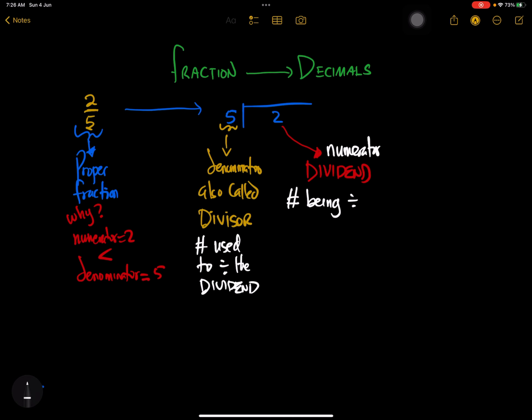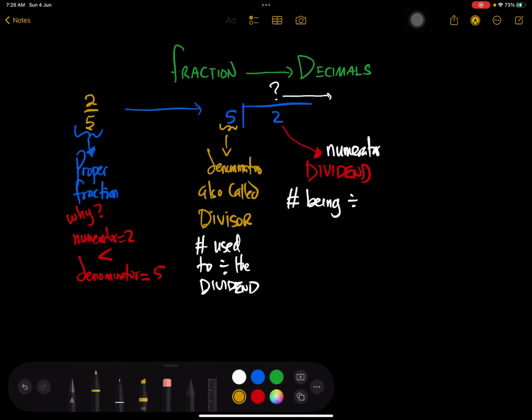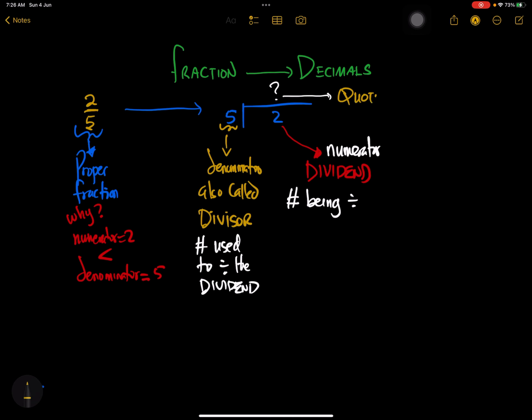Whatever we get up here is known as the quotient. And whenever we have a remainder, it will be called the remainder. I hope you're clear about that.